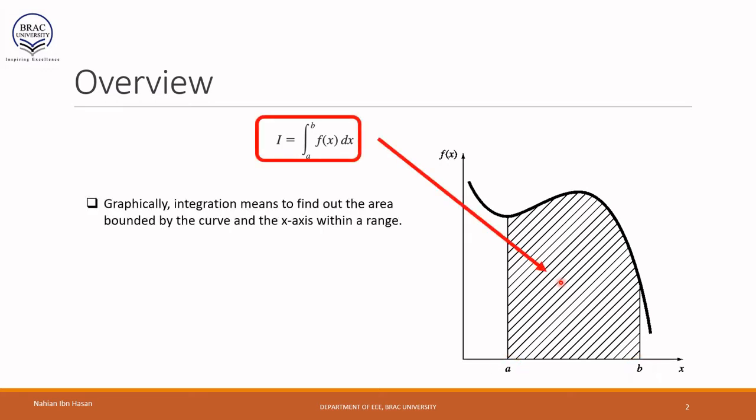That is the definition of the integration of a function, if you want to visualize it from the perspective of numerical methods. So we have to calculate the area under this curve within this boundary, and then we will get the numerical integration.